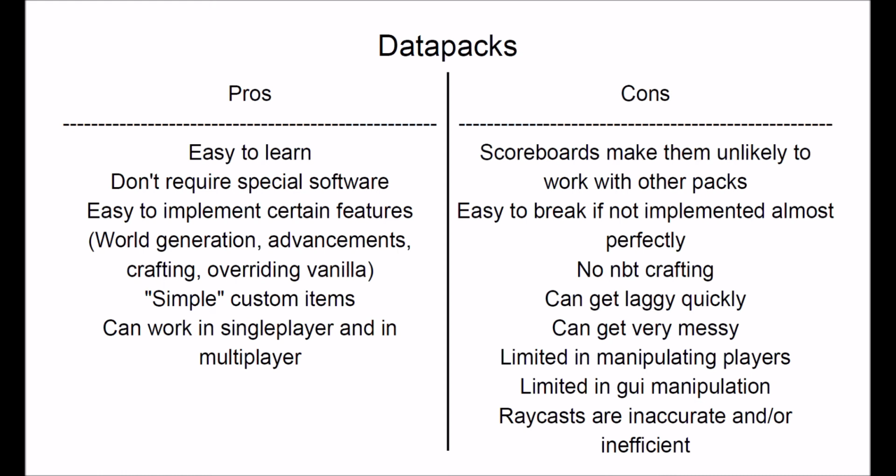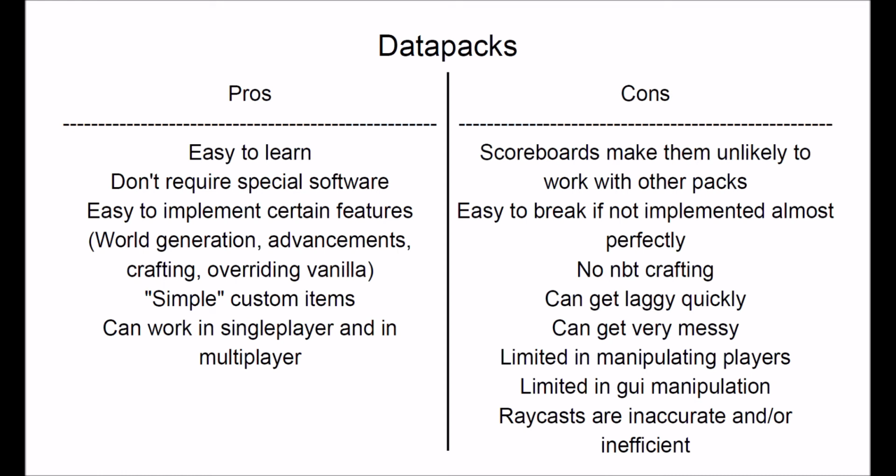Now, the issues with them are that they're unlikely to work with other Datapacks, because the scoreboards are likely to collide with their names. If you don't implement them perfectly, or almost perfectly, then people who want to beat your game really quickly or find bugs, it's not going to be too hard for them.